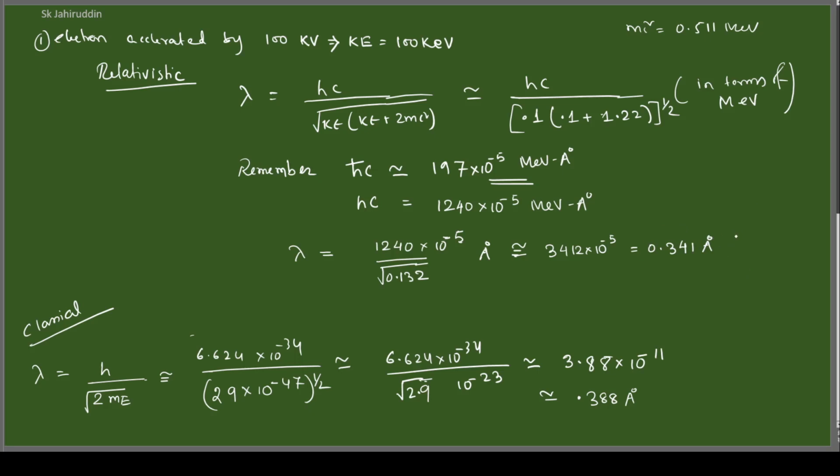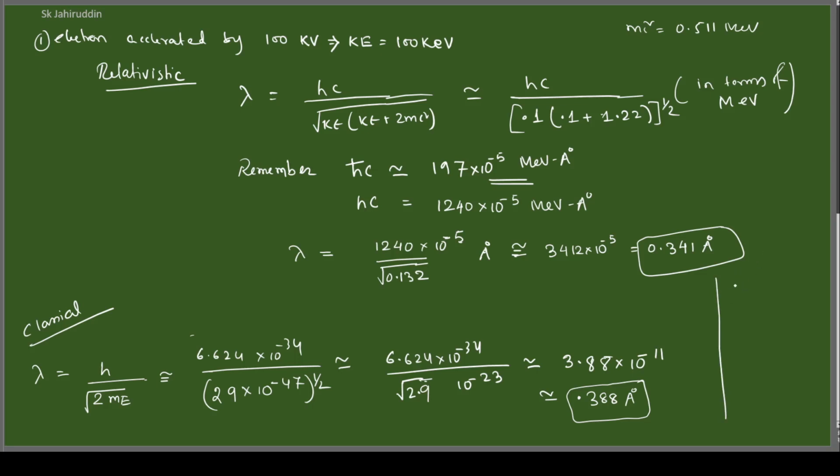So see, this is more accurate, this relativistic, and this is classical. So you compare this and this, you get around 10-15% difference when we are using the relativistic result for 100 keV.